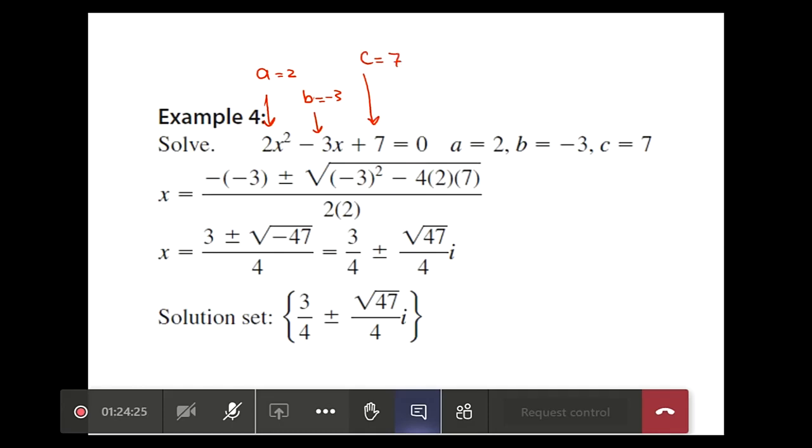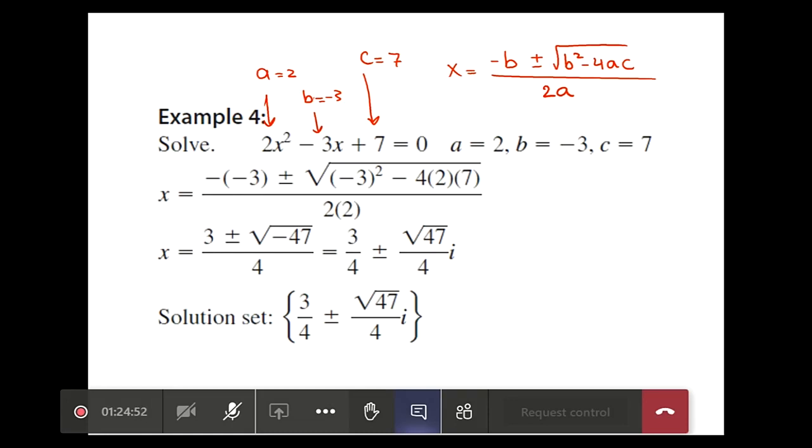Okay, so x equal what? Minus b over, this is the quadratic formula, plus minus radical b square minus 4ac over 2a. So replace a by 2, replace b by -3, replace c by 7.